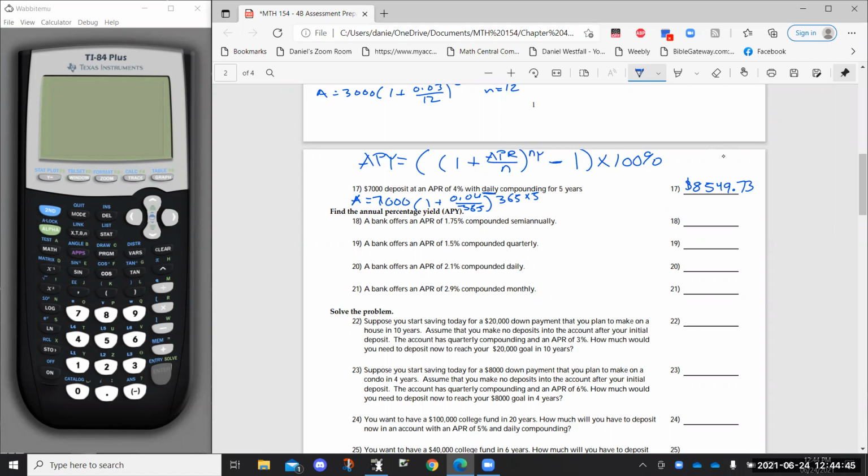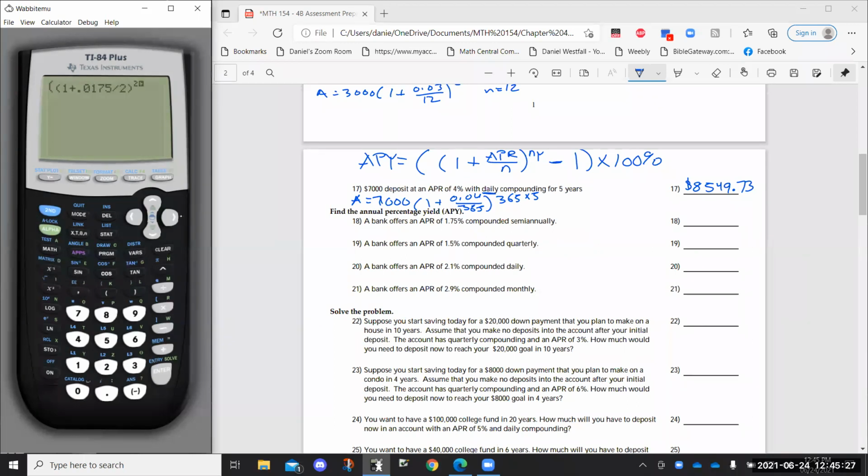That's going to be open parentheses, 1 plus my APR as a decimal, 0.0175 divided by N. This is semi-annually, so that's 2 raised to the NY, so raised to the 2, and I'm just assuming 1 year here.